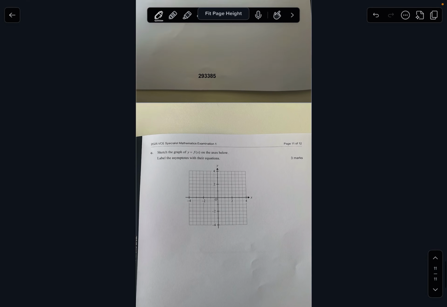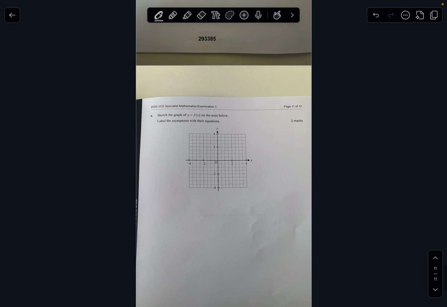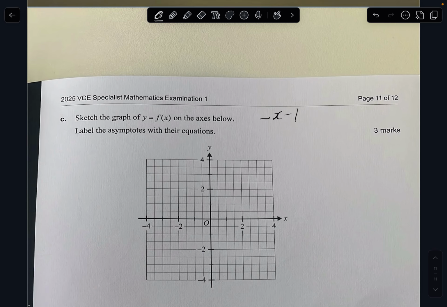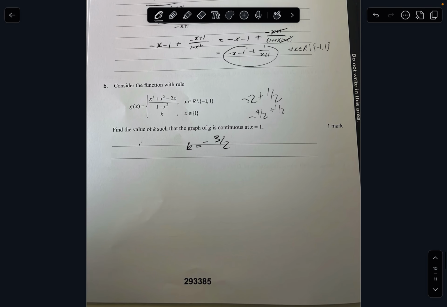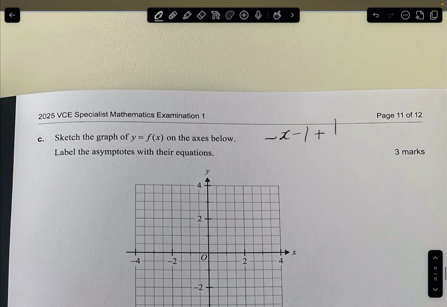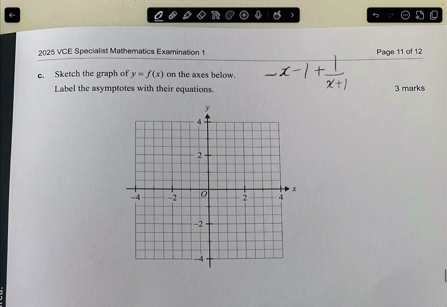Sketch the graph. So negative x minus 1 plus 1 over x plus 1. So we have an asymptote at y equals negative x minus 1. That's the functional asymptote. And that has an x-intercept at negative 1.